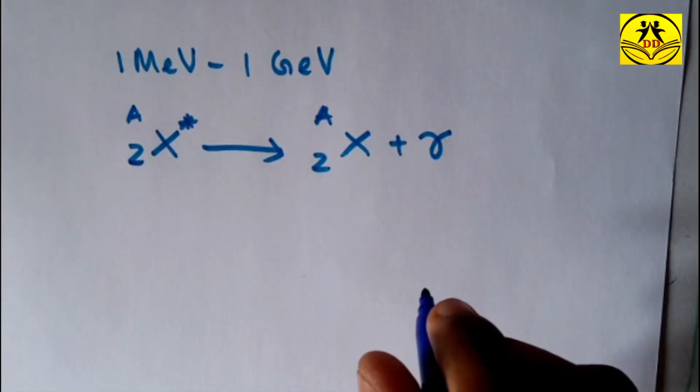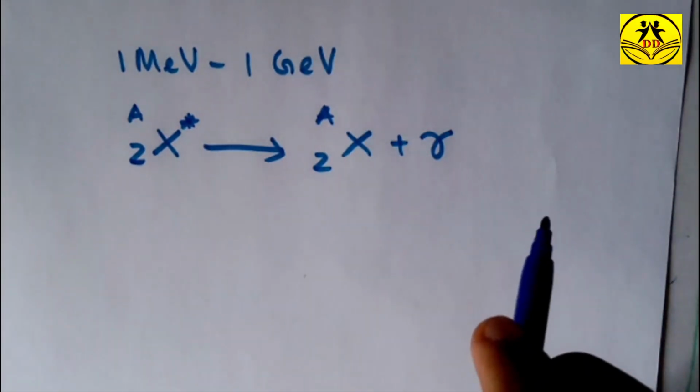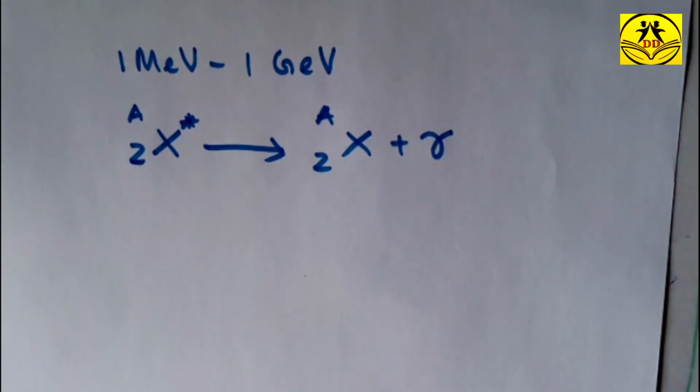Comparing the ionizing ability of gamma rays with alpha and beta particles, the ionizing ability is negligible in gamma rays, but their ability to penetrate is very high compared to both alpha and beta particles, and gamma radiation has a very high energy.